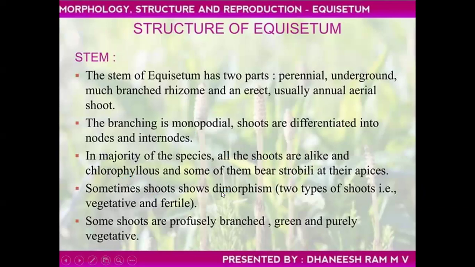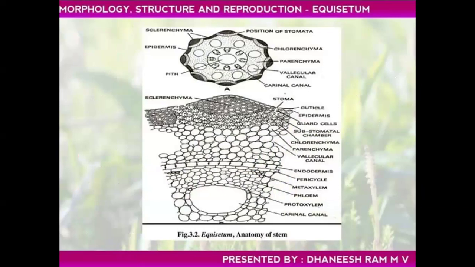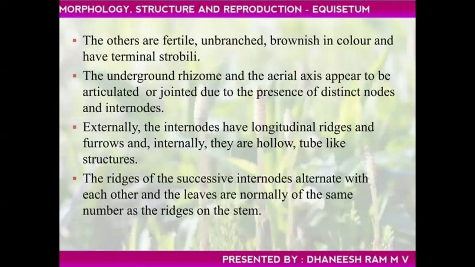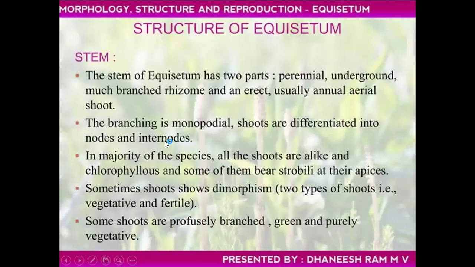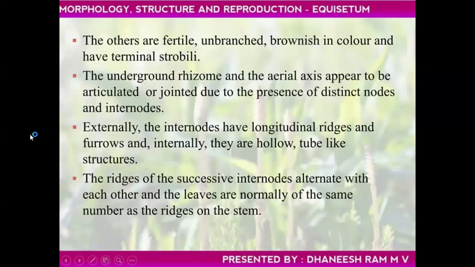Now, sometimes the shoots are dimorphic. That is, they possess both fertile shoots as well as vegetative shoots. Before we go to the anatomy of the Equisetum stem, I want to focus on something here.